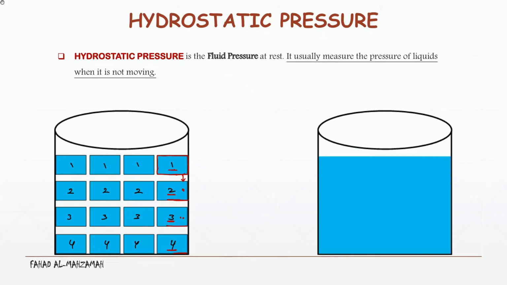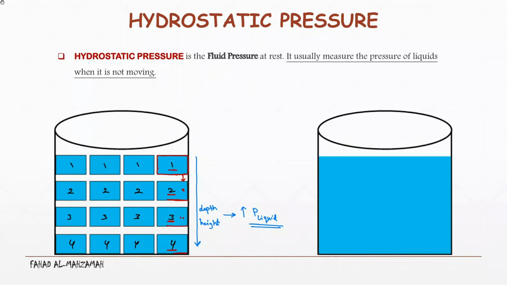So as a conclusion, this is the first thing that we can learn from the hydrostatic pressure: as we go down in depth for the liquid, this is the depth, or we call it height, as the height or the depth increases, we get higher pressure of liquid.